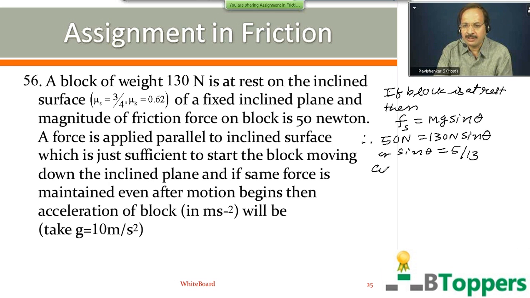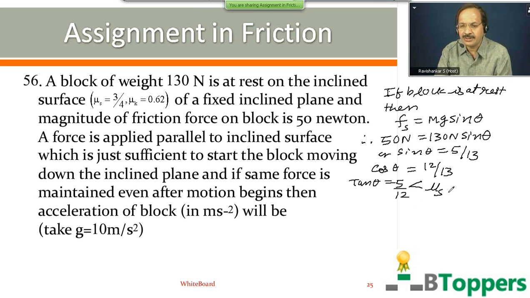From this, you can find the value of cos theta. You must know how to calculate the value of cos theta when you know the value of sin theta. It comes out to be 12 by 13. So tan theta is 5 by 12, which is less than the coefficient of static friction.